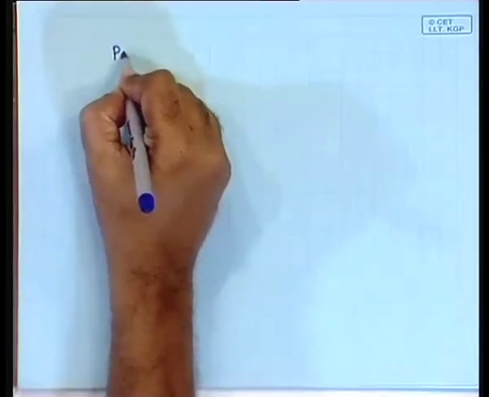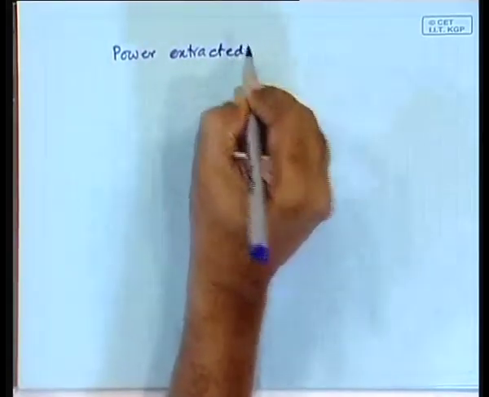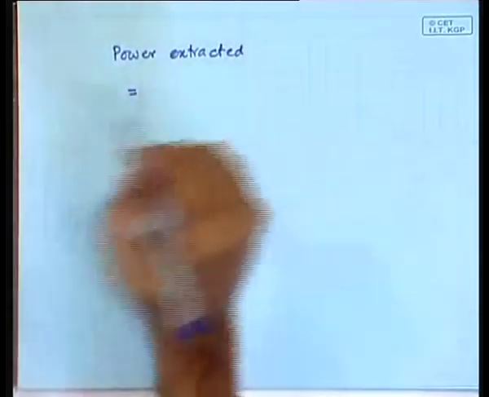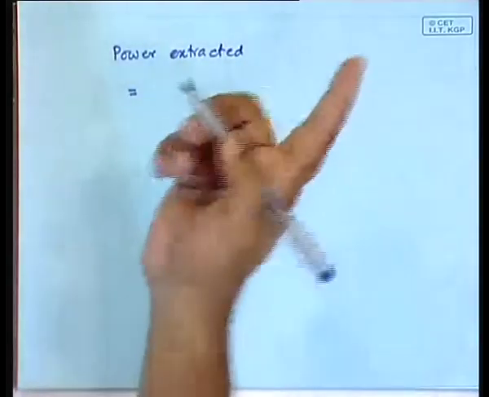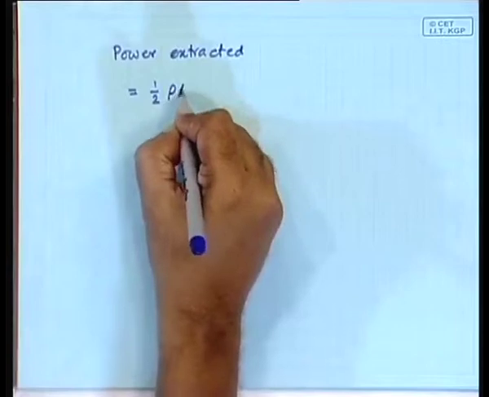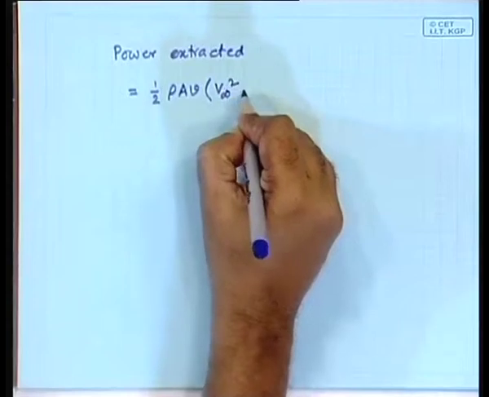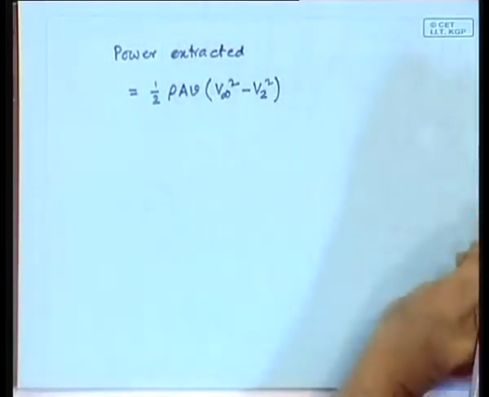Now, we come to the issue of how much will be the power. How much will be the power extracted? It is the drop in kinetic energy of air. Simple. This much was the kinetic energy and that much has been extracted. So, the power extracted is the drop in kinetic energy, half m dot, rho A v times V infinity square minus V2 square, right.